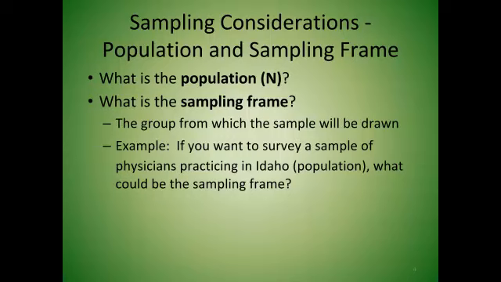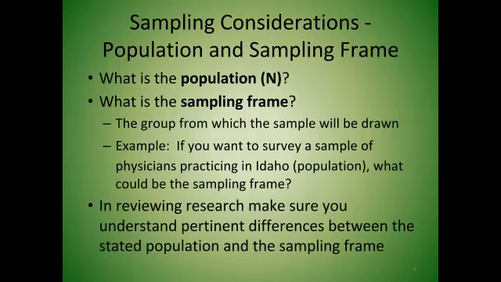Physicians employed by federal programs like the VA, the Indian Health Service, or the military are not required to be licensed in that particular state. They just have to be licensed in one of the 50 states. So this sampling frame would systematically exclude some members of the population, namely physicians working at a federal facility in Idaho, but who are not licensed in Idaho.